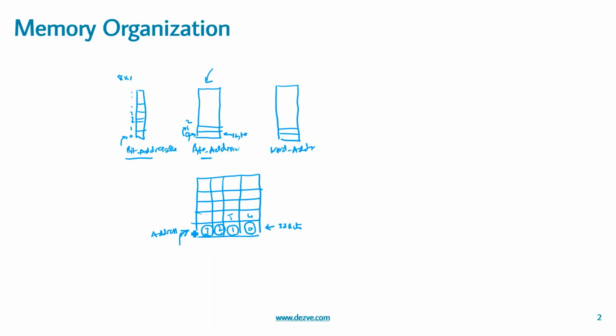In this case, the address increment from this row to this row would have consumed 4 bytes, so the address increment would be +4. If this is address 0, this would be 4, this would be 8, this would be C, and so on. Now if this was 64 bits wide data, then each address increment would be 0, 8, 10, 18, all in hex.